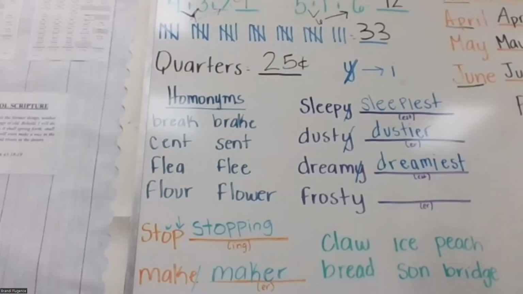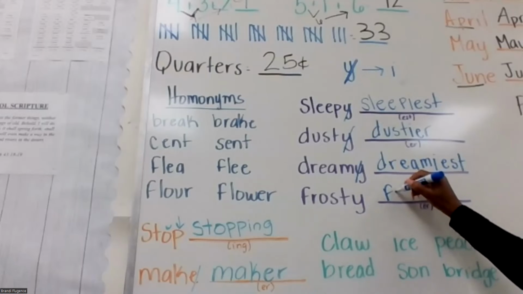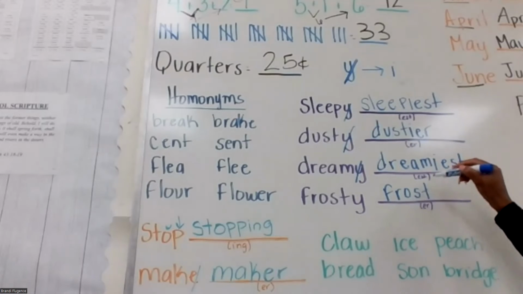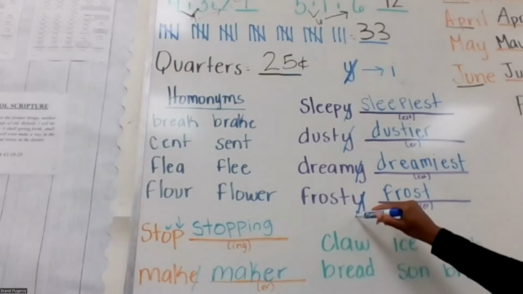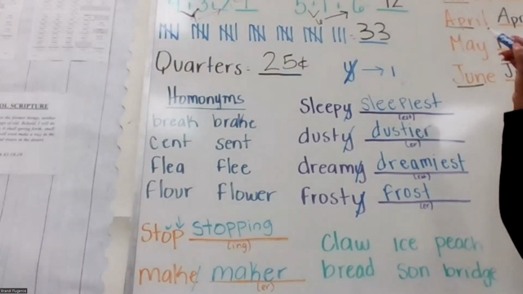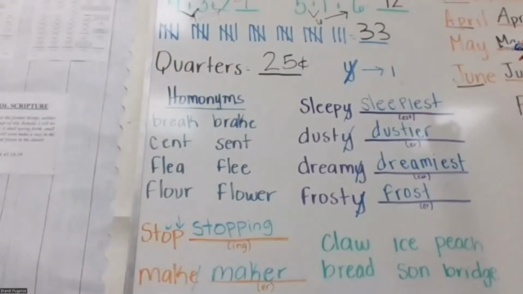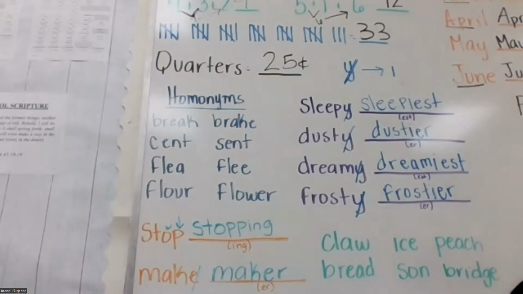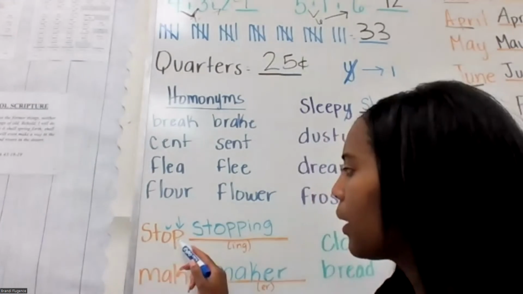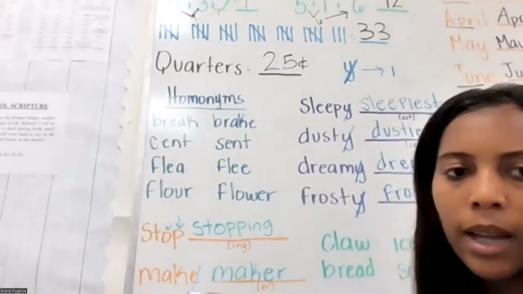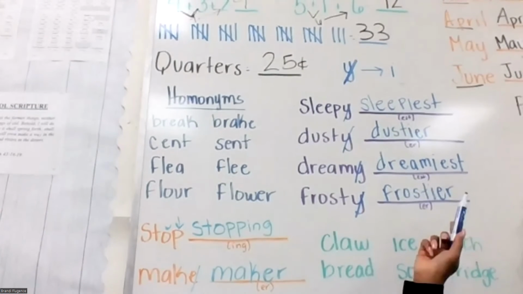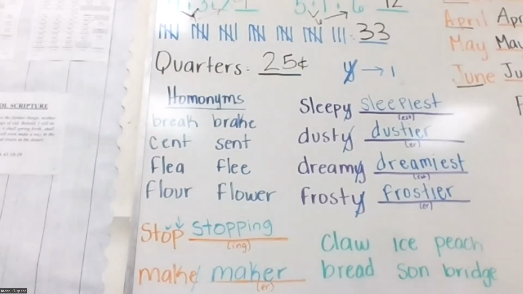F-R-O-S-T, take away the Y, turn it into an I, and add ER. Frostier. So that's a new rule. We've learned double the consonant, take away the silent E, and now we change the Y into an I. And that's how we add our suffix, okay?